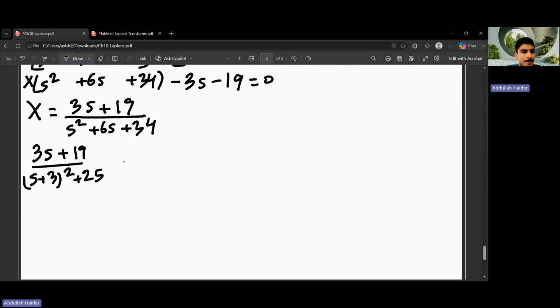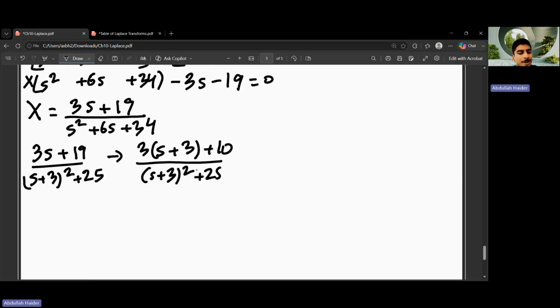But I can also write this now as 3 times (s plus 3), so 3s plus 9. I have the remaining 10 over (s plus 3) squared plus 25.